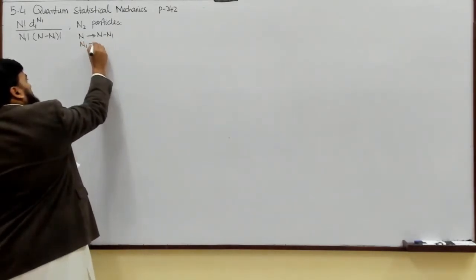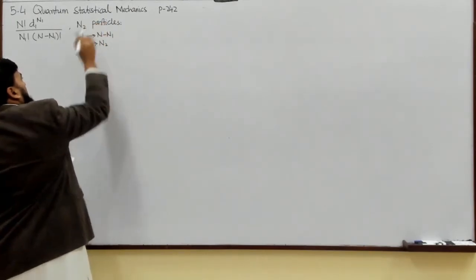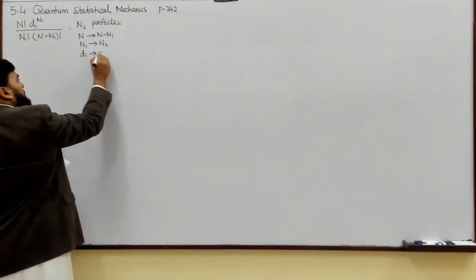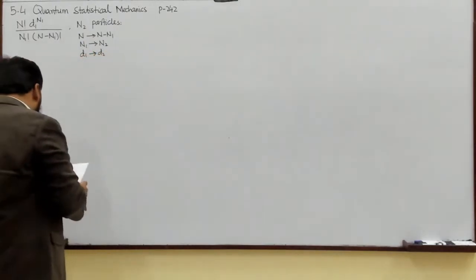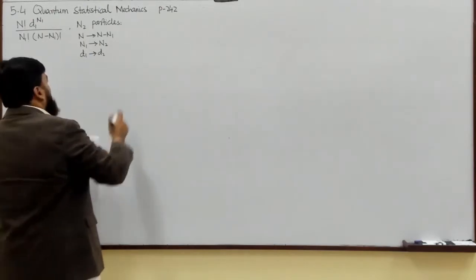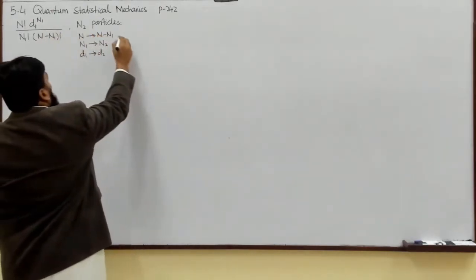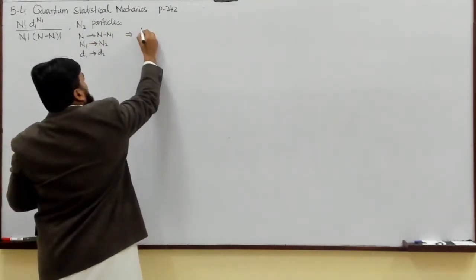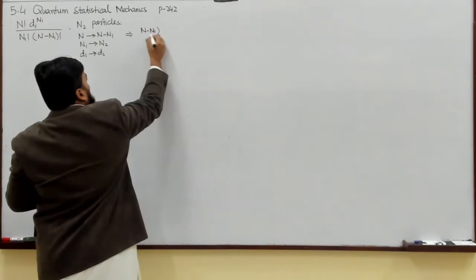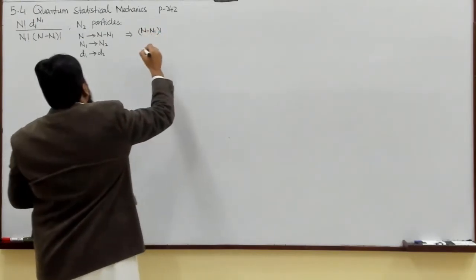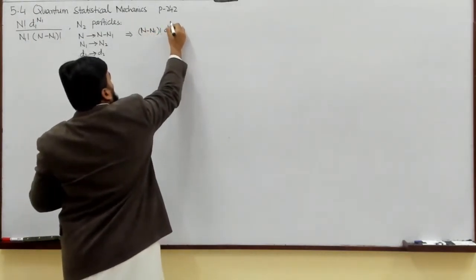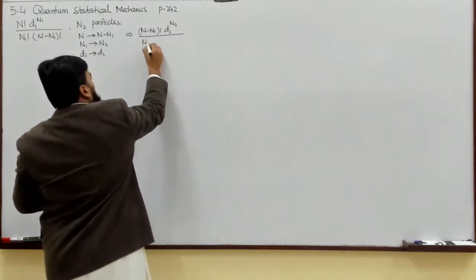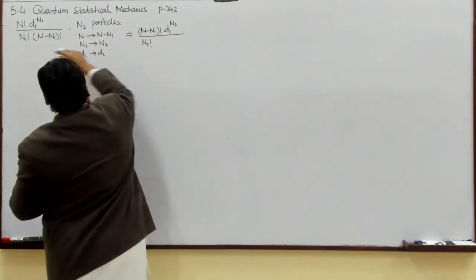n1 will go to n2 as we are picking in 2 particles, and d1 will go to d2 as the degeneracies will be different, and this expression will go to, for n I can write n minus n1 factorial, and then d2 to the power n2 divided by n2 factorial and n minus n1 minus n2 factorial.